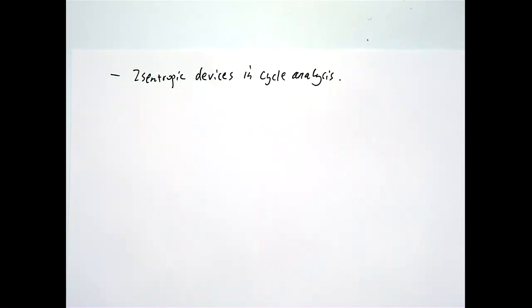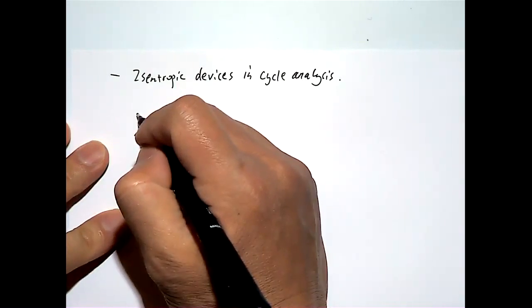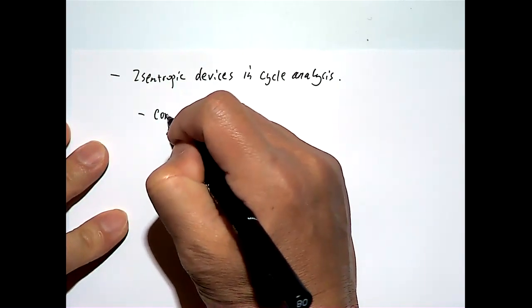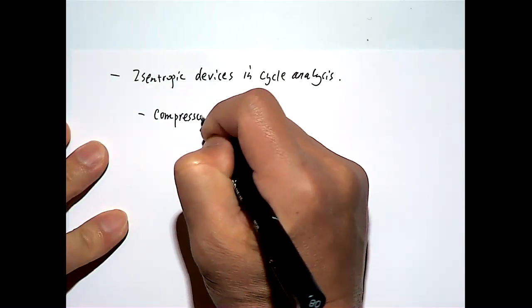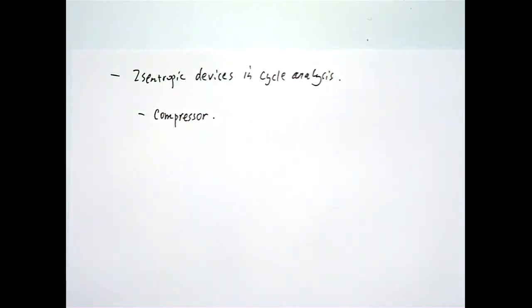Then you can apply the isentropic relation we just mentioned. The first one is a compressor. A compressor is something to raise the pressure of a gas.